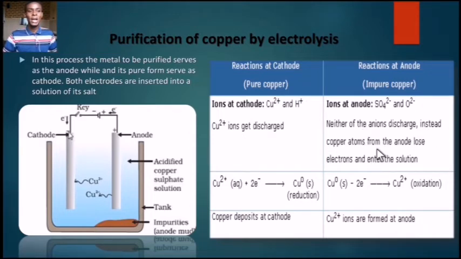Instead, copper atoms from the anode lose electrons and enter the solution. Simple as that. So copper ions gain electrons and are deposited, and copper at the anode loses electrons and goes into solution. This is a different way of writing it, using a negative sign to represent the electrons, and it's almost the same thing. So copper deposits at the cathode, whereas copper ions are formed at the anode. That is just how the nature of electrode affects preferential discharge.